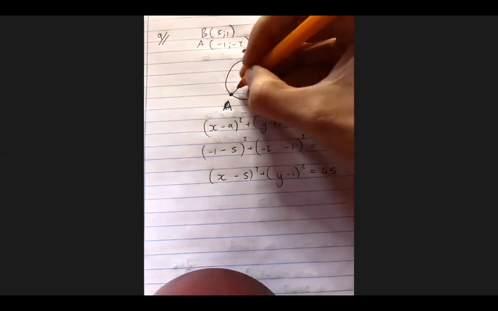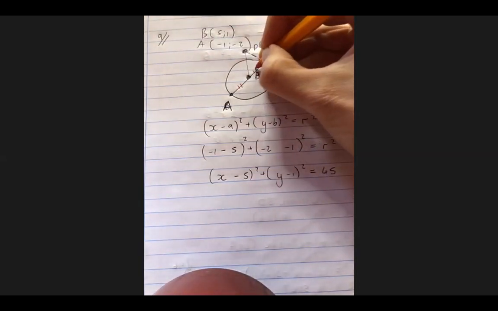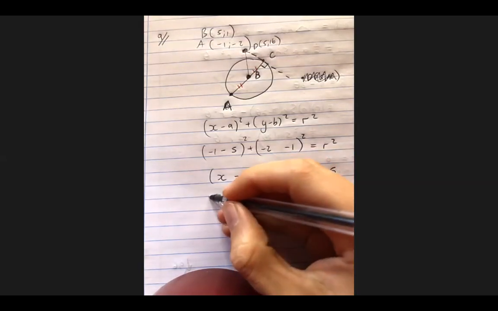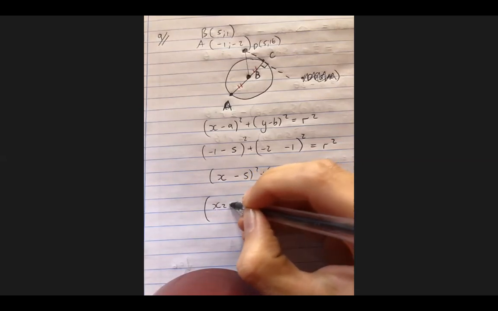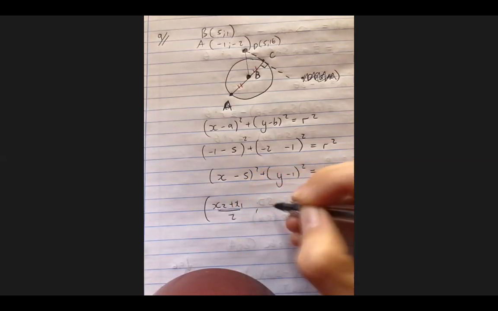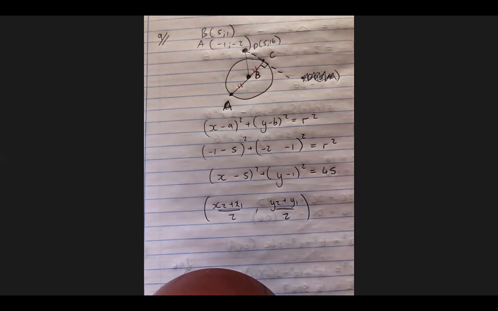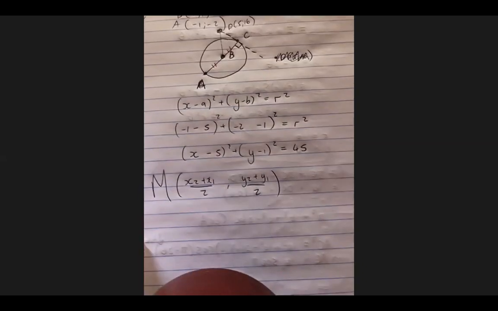Remember, if it's a diameter and we're working with a radius and a radius, you can use reverse midpoint. Now, the normal midpoint formula, I know you're probably used to this one: x2 plus x1, or the other way around, doesn't matter, y2 plus y1. That gives you the midpoint of two coordinates.